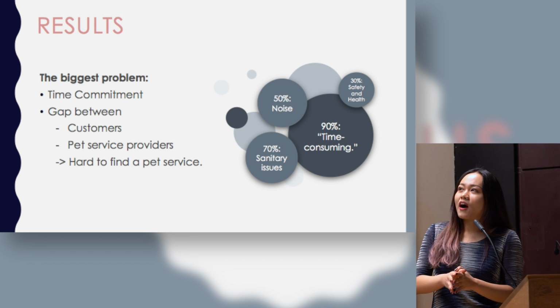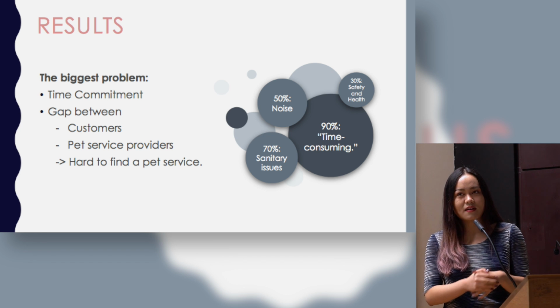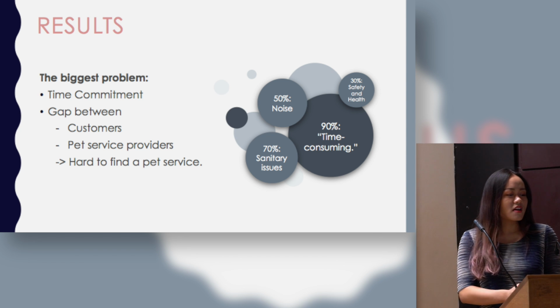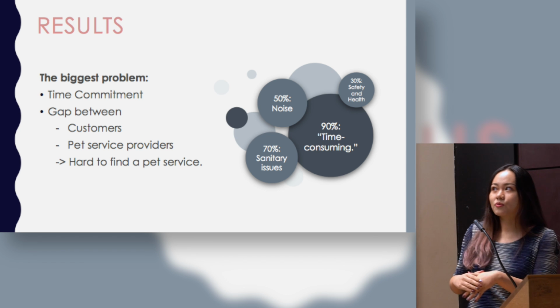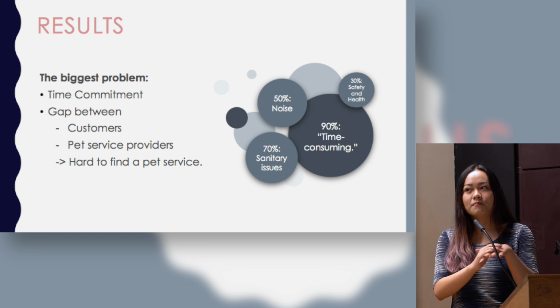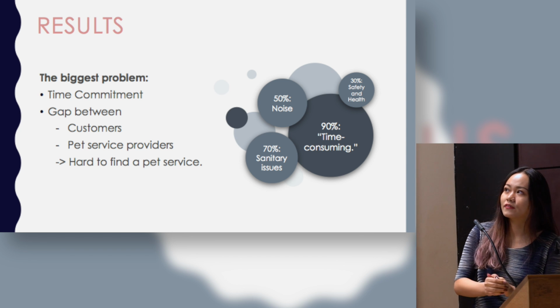So according to our participants, more than 90% of them mentioned that time commitment is one of the most headache problems. So combined with other results we've got, we found that time constraint will be the problem definition that we are most focused on.